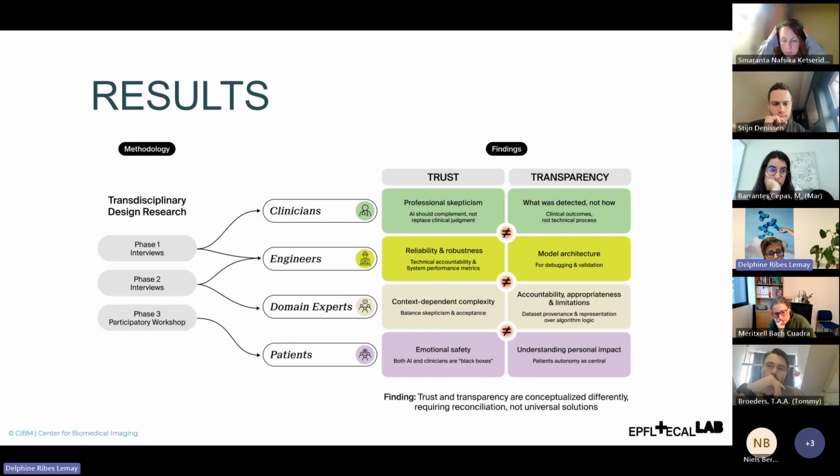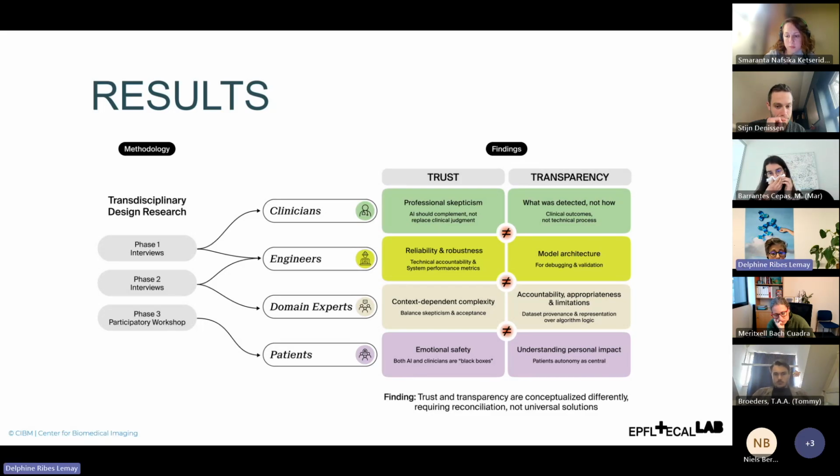So basically, it means that trust is definitely not universal. For example, clinicians are very skeptical and they need a lot of verification. Engineers want technical reliability and develop some metrics. The experts want to balance skepticism and acceptance. So you need to calibrate trust, not, as an engineer would do, maximize it.